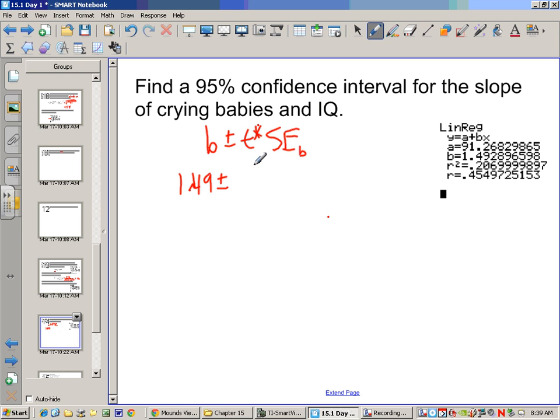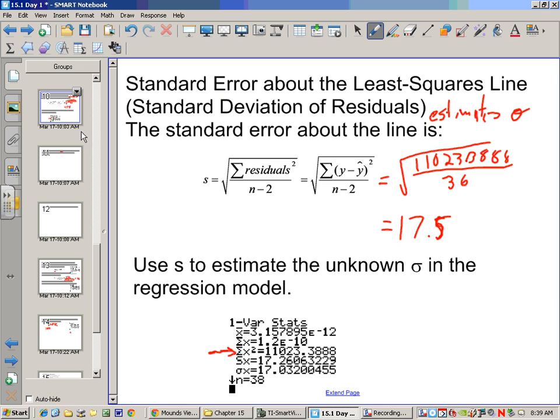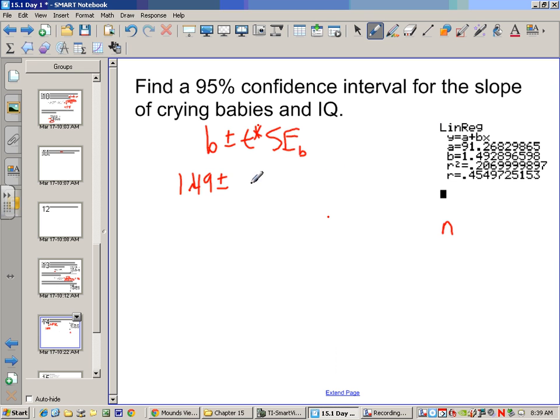plus or minus my t star for 95% confidence interval. Remember, n is 38. There's 38 data pieces. So now we have to look at the table.